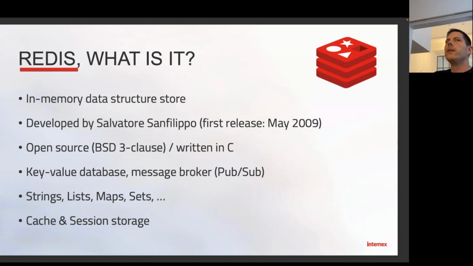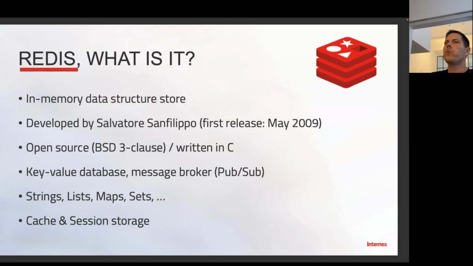As mentioned before, it's a key-value database, but not only that. It's also a message broker, so you can think of it like RabbitMQ, so it can implement publish and subscribe modules. You can also store strings, of course, lists, maps, sets, sorted sets, hash maps, whatever you like. So it's a really battle-tested solution, and you see it in large-scale infrastructure everywhere.